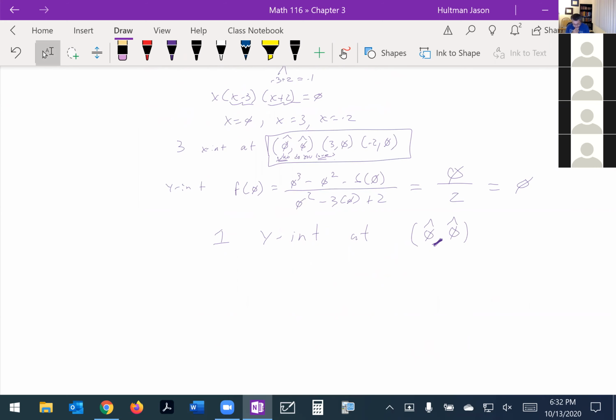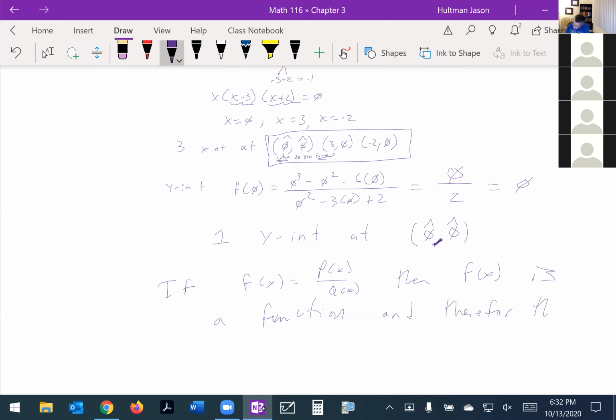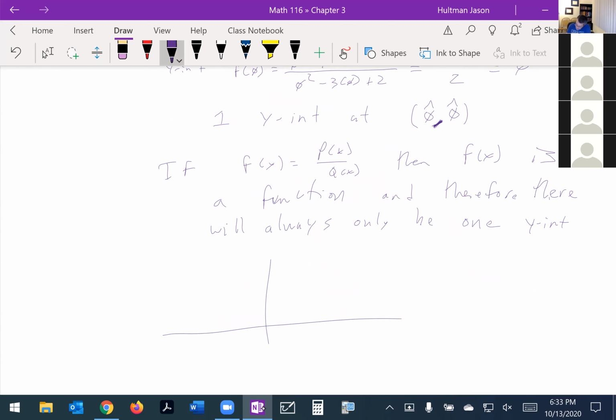Okay, so if f of x is equal to p of x over q of x, then f of x is a function, right? And therefore, there will always only be one y-intercept, whereas there can be multiple x-intercepts.